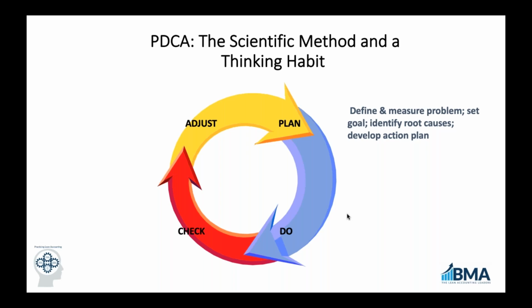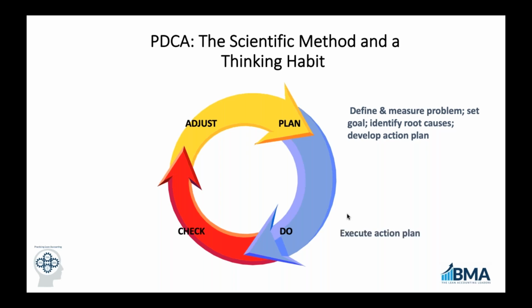A lot of traditional problem solving activities try to jump to solutions. They don't really study the problem. They don't quantify it. It's sort of like, here's the problem, we know what the solution is, so let's just put the solution in place. PDCA is a little more rigorous.